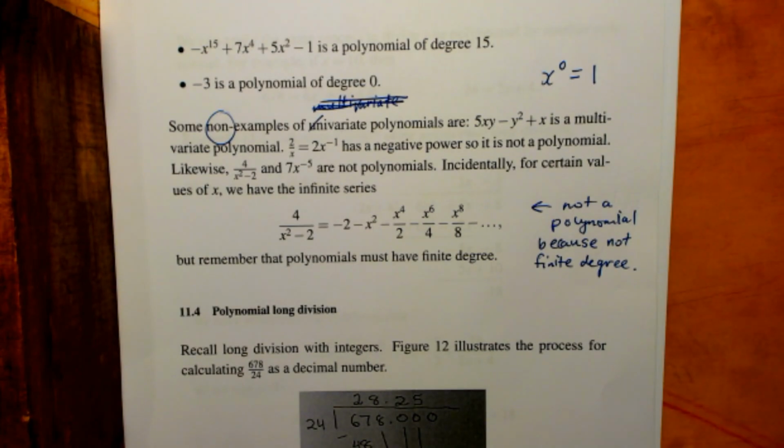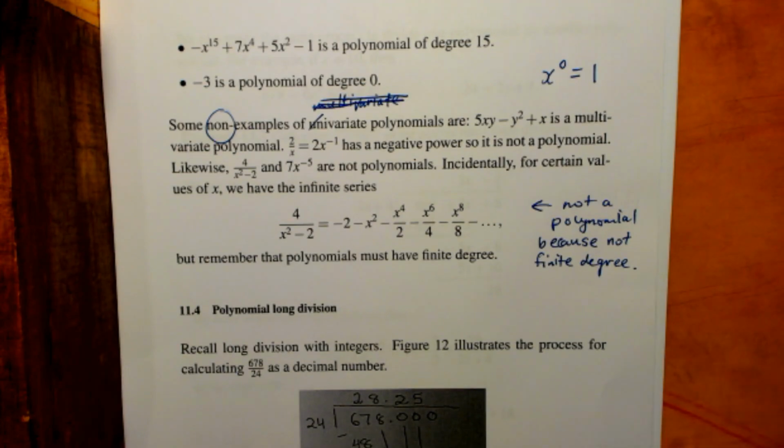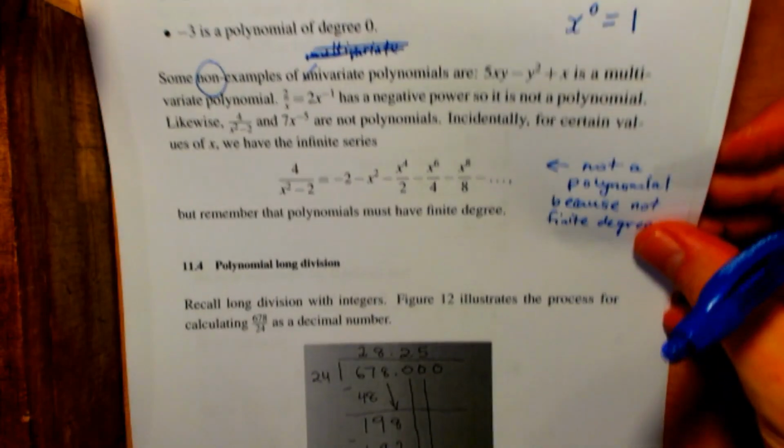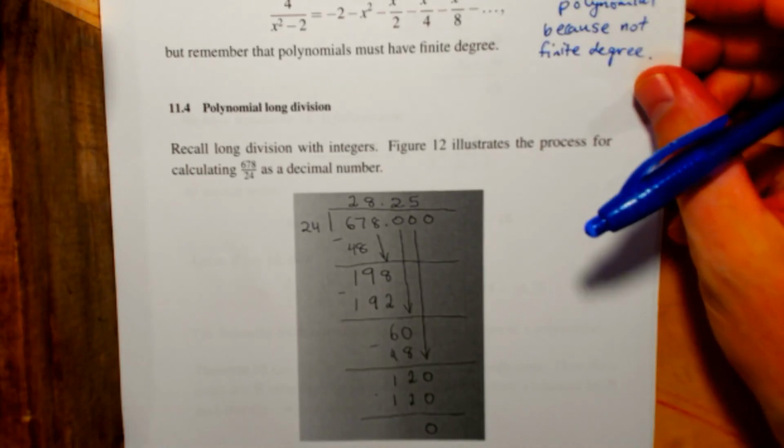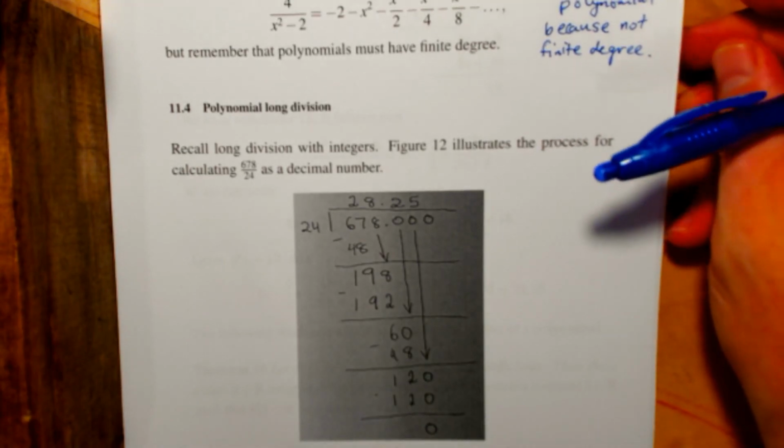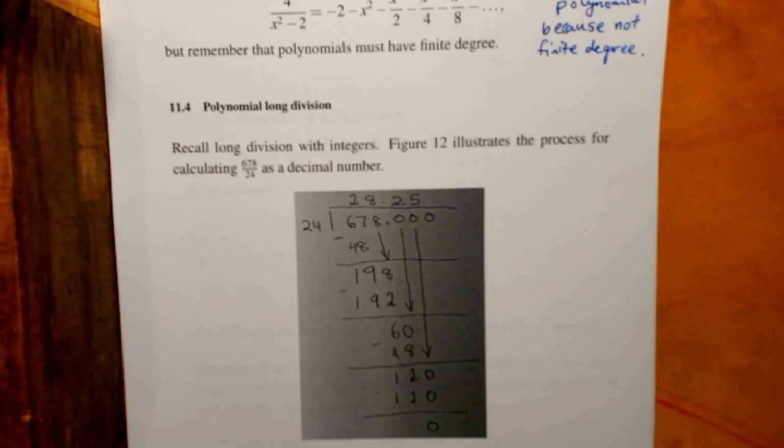Okay, great. So let's now move on to polynomial long division. So here's an example, and I reckon this probably comes from, oh, I don't know where I got this. Did I get this out of Lauren's video? I'm not sure. So here's an example of long division with numbers, all right? So I won't go over that.